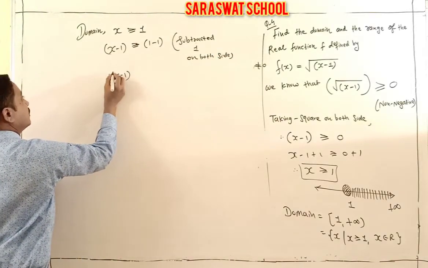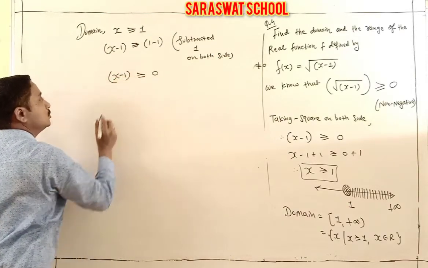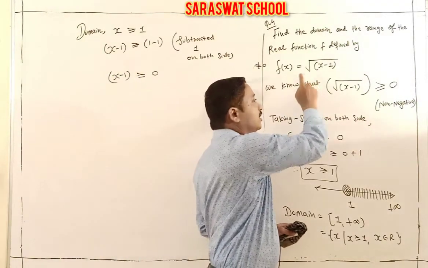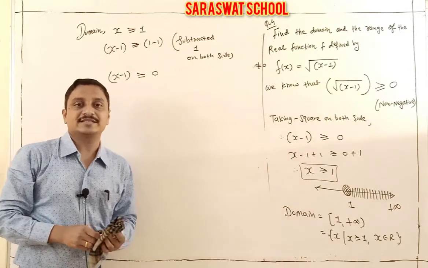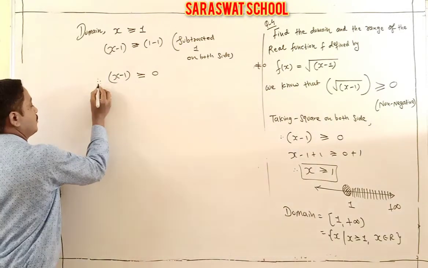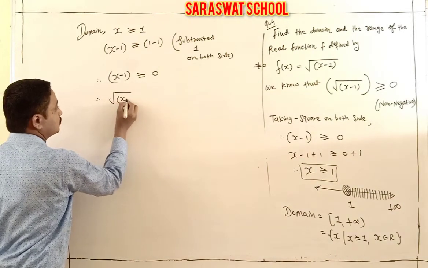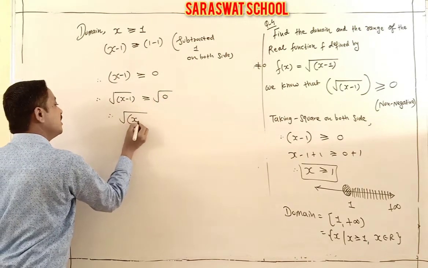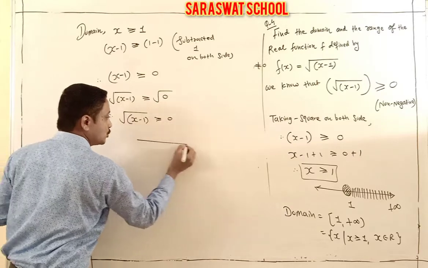Here x minus 1 is greater than or equal to 0. Now I want the under root, so square root to each term, square root to the 0 term. Finish sum.